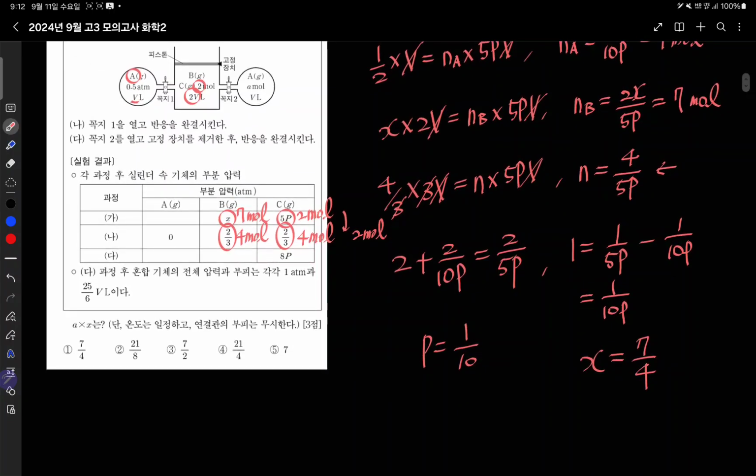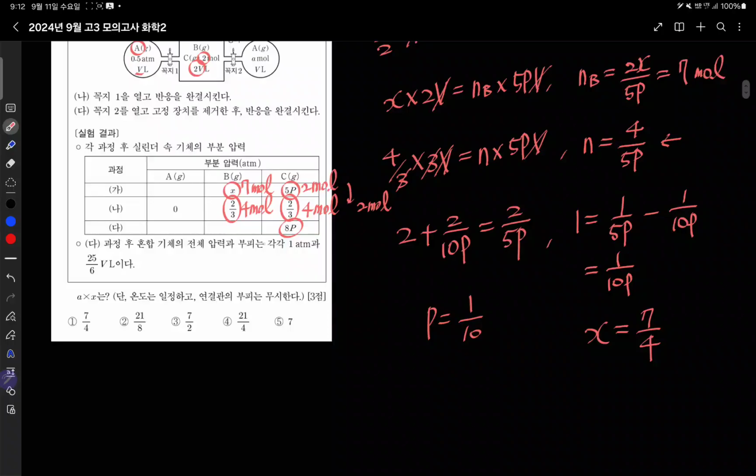And after the second reaction, let's think of the amount of gas C. So the pressure of gas C is 8 times P, and the volume is 25/6 times V. And RT is 5 times PV.